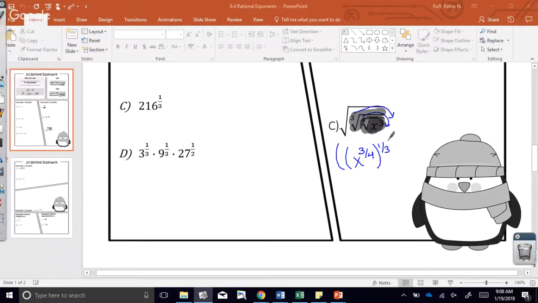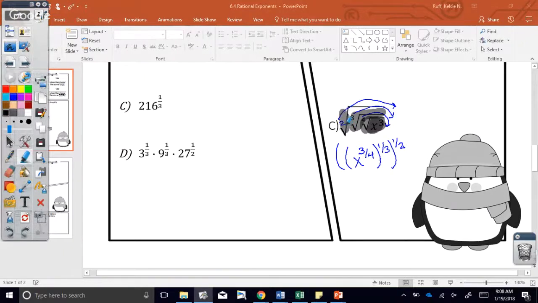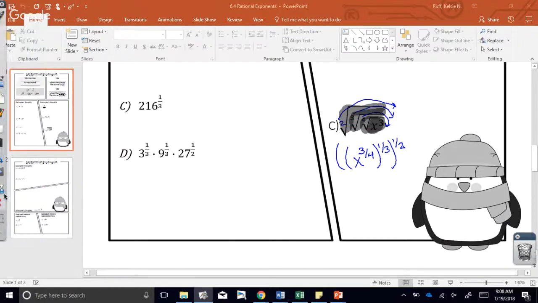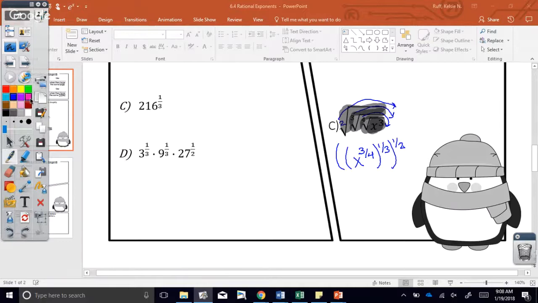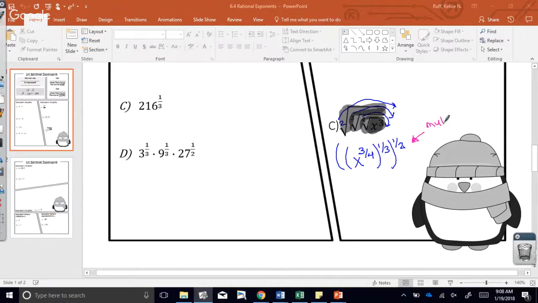What's left is we now have a square root. The square root becomes a, write a 2, put a 2. And we've now taken care of every single one of those radical pieces. Use our rules of exponents: power to a power to a power, we multiply the exponents. We multiply fractions, we multiply the numerators, so I have 3 times 1, which is 3.